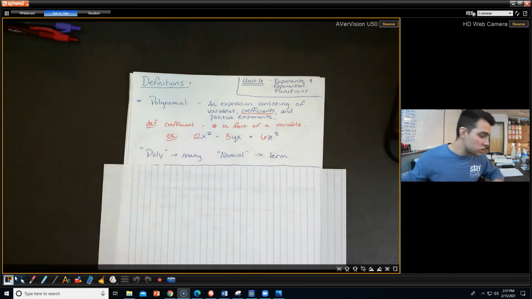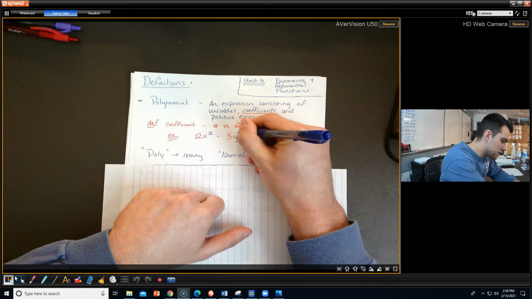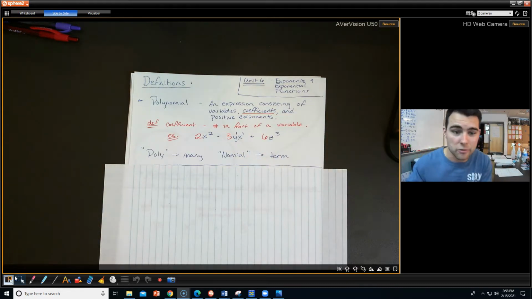If they aren't showing up, it's implied it's an exponent of 1 technically. Poly just means many, and nomial means terms, hence many terms. So we're going to talk about polynomials later on, but I just wanted to establish what a polynomial is before we talk about the lesser of the bunch, which is monomials, mono.